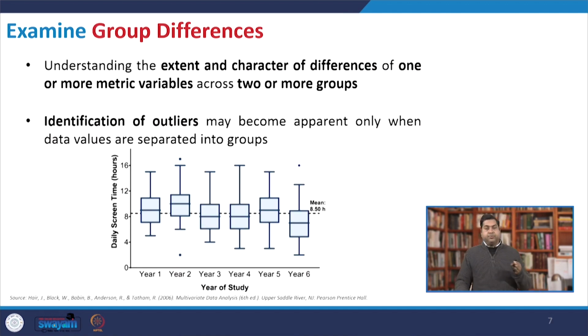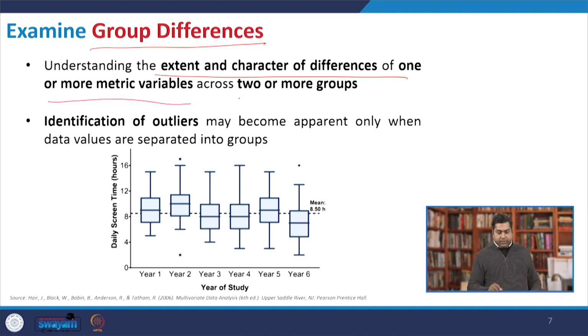Now, the other part of it: when we have more variables and you want to compare. If you want to compare the group difference in a particular study, understanding the extent and character of differences of one or more metric variables across 2 or more groups, which is also referred to as multivariate analysis, there we can use a box plot.